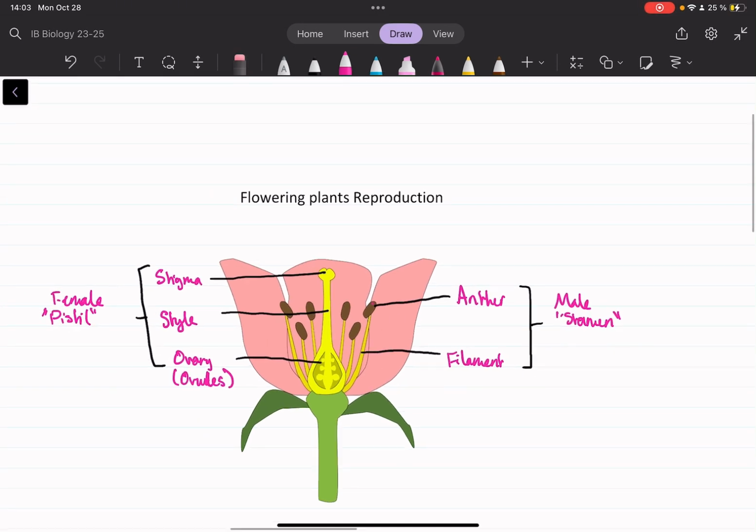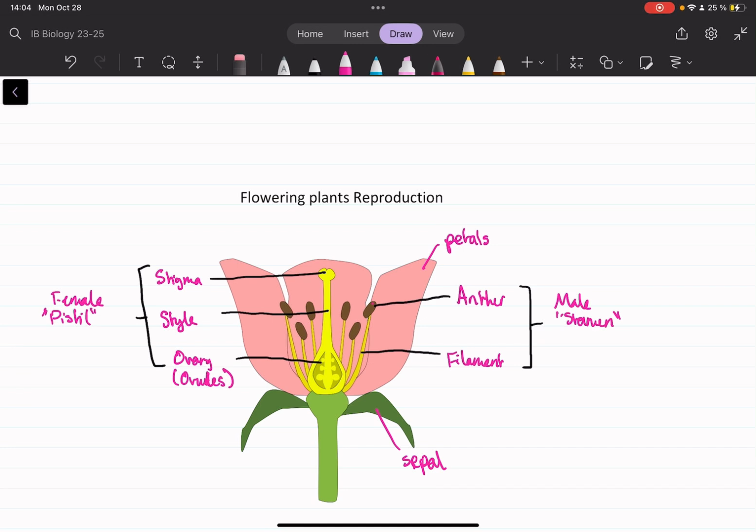And essentially, the pollen and the ovules are the gametes in plants. Then we've also got the petals, just so I don't forget. The petals, and then the sepal. I think you can pronounce it both ways. But yeah, that's it for the diagram.